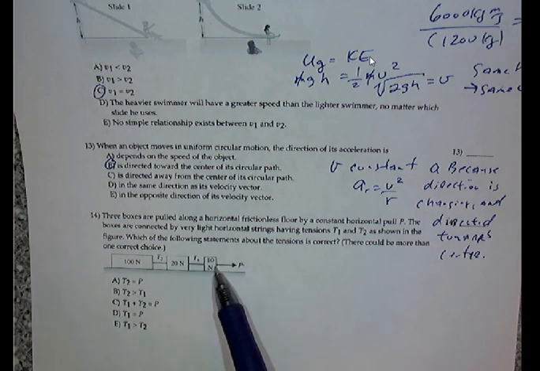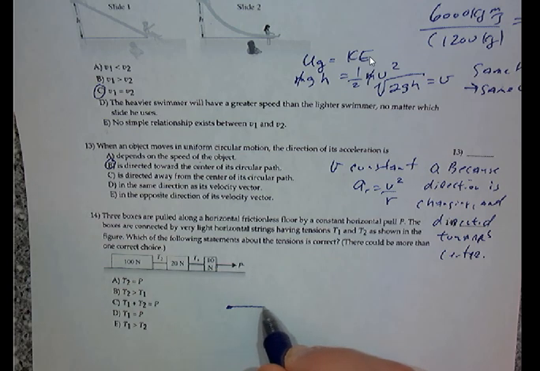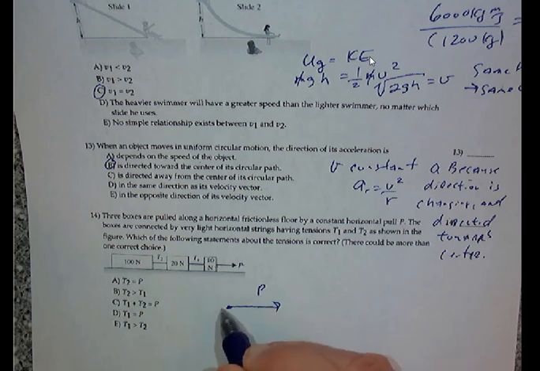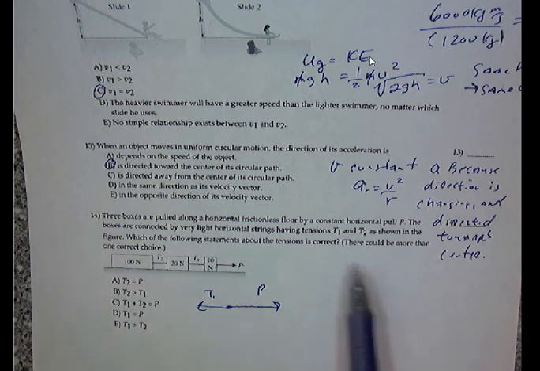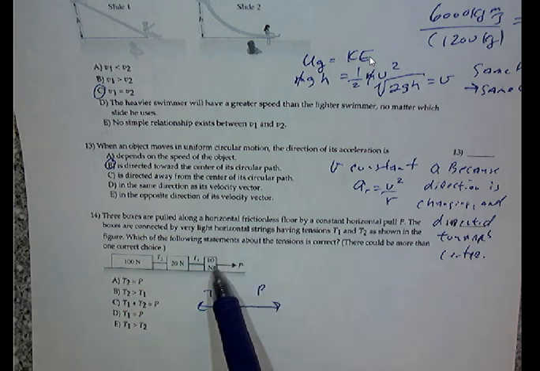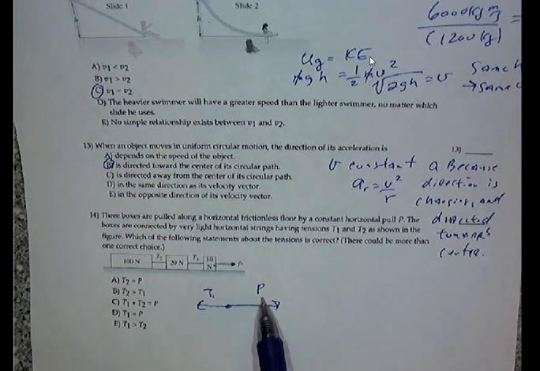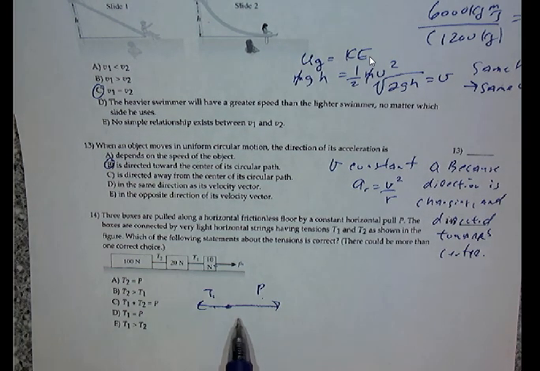All right, let me take a look at the free body diagram for the first one here, this 10 Newton force. So I've got P and T1. I'm just looking at the horizontal part of the free body diagram. It's a frictionless surface, so this thing's going to be accelerating. So if I look at the free body diagram for the 10 Newton mass, P has to be bigger than T1 for this thing to be accelerating.